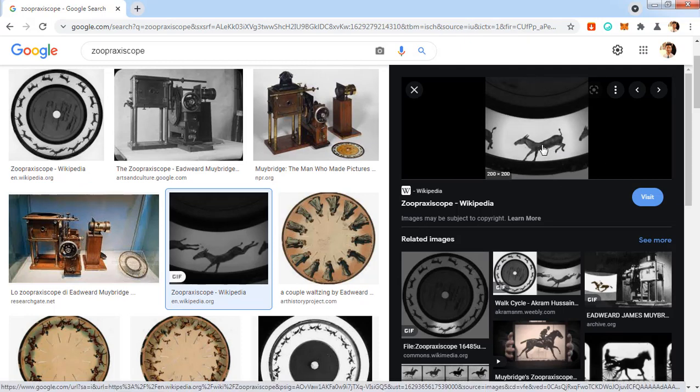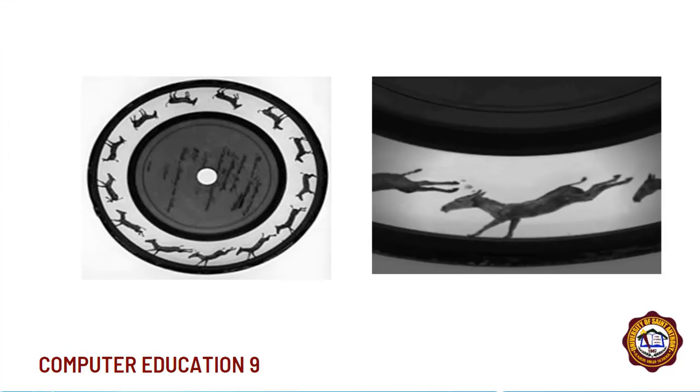So, ganito yung itsura niya. So, same, gumagamit sila ng stroboscopic principle, no? So, doon talaga nag-base lahat ng animation. So, ito, pinapaikot, tapos para siyang nag-jump-jump yung kabayo. Okay, so that's zoopraxiscope.